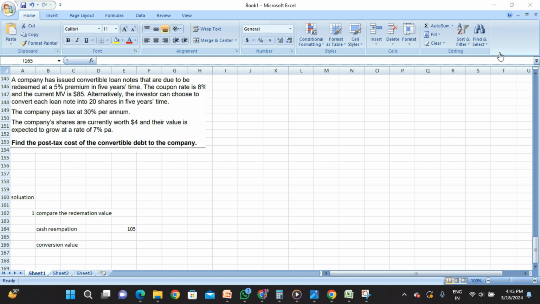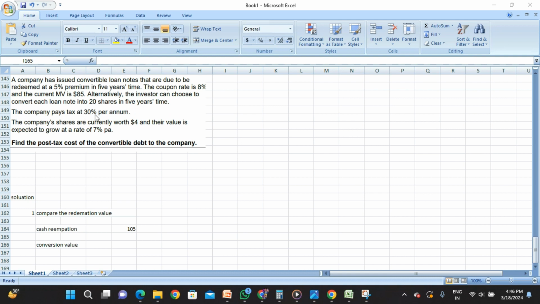Now we do a question on the convertible debt. A company has issued convertible loan notes that are due to be redeemed at a 5% premium in 5 years' time. The coupon rate is 8% and the current market value of loan notes is $85. Alternatively, the investors can choose to convert each loan note into 20 shares in 5 years' time.